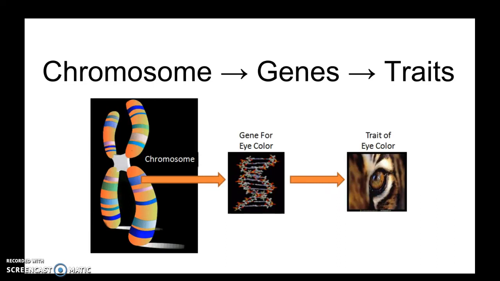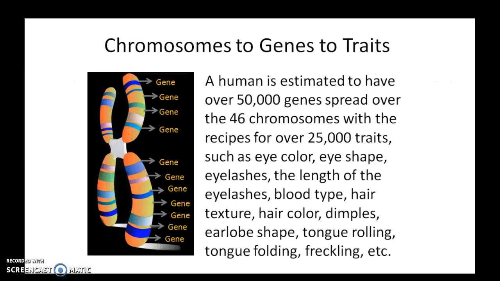So just like a couple chapters ago, we had the whole concept of going from DNA to RNA to protein. Here you have chromosomes, and a smaller piece of that would be a gene. And then those genes code for your traits, which is what you see when you look at yourself in the mirror or when you look at somebody else.